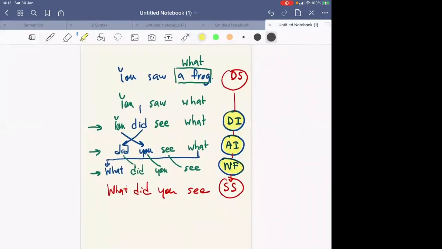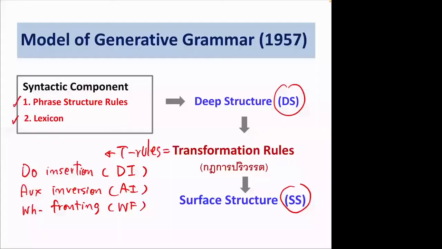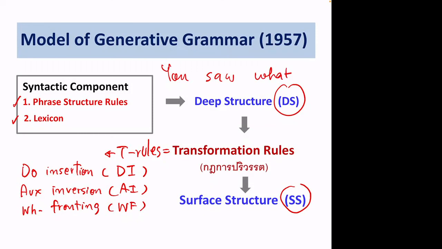So if we go back to our model of generative grammar, you can see that from the deep structure, which is you saw what, we now get the sentence, what did you see, which is possible by these three transformation rules, the do insertion, the auxiliary inversion, and the WH fronting.